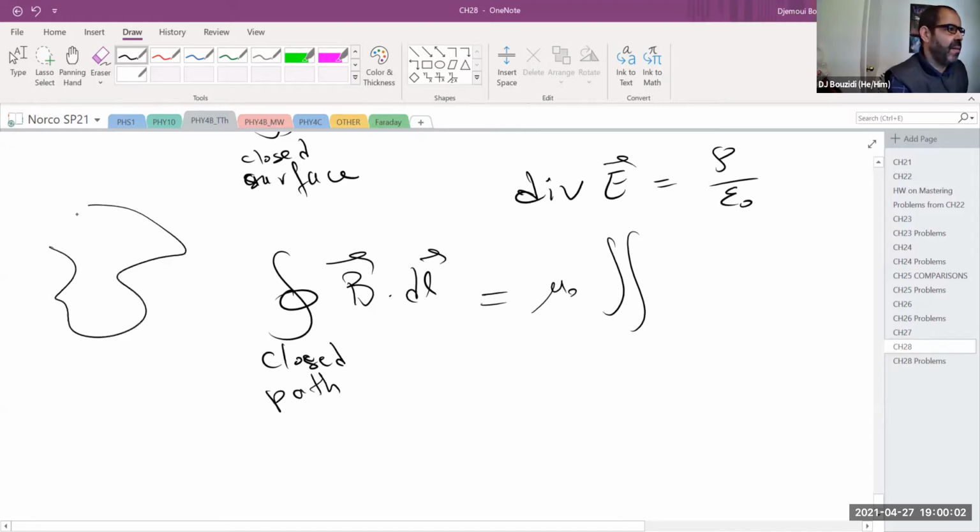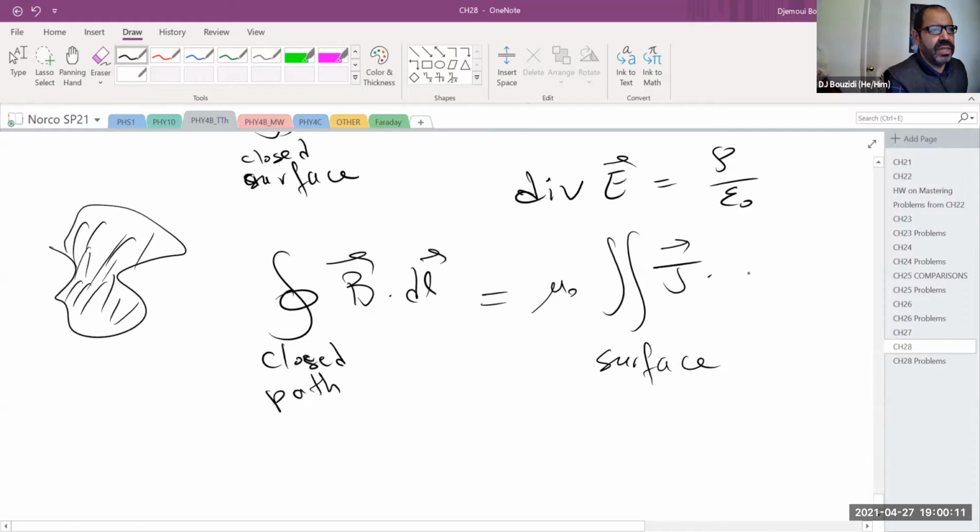So if this is the path, this is the area we're talking about. It is the current density times the surface area dA.